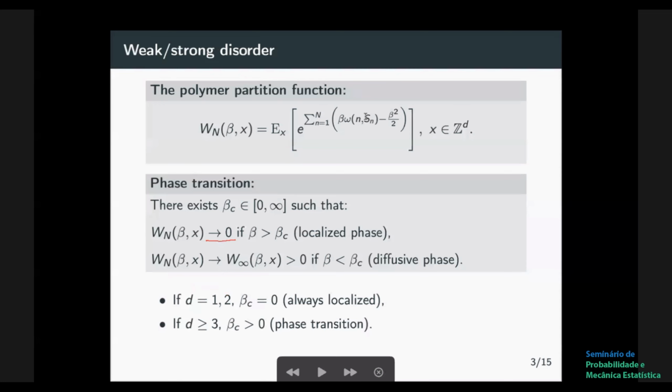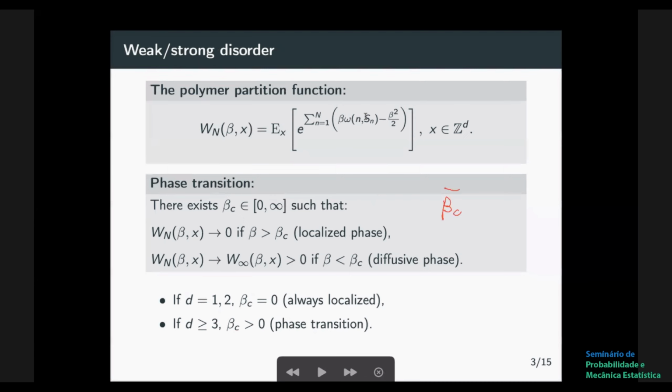So you can prove indeed that the random walk is confined in some very small part of the environment. That was previously only proven for beta larger than beta c bar, which was a bit higher, but now we know that they are equal. So we know that there is a strong localization property whenever beta is above this beta c parameter.